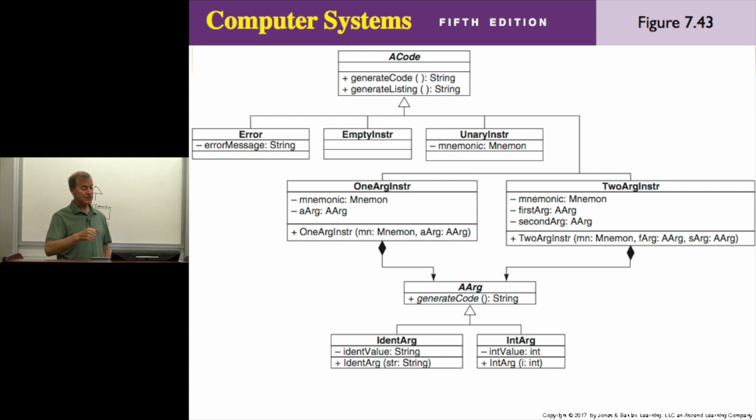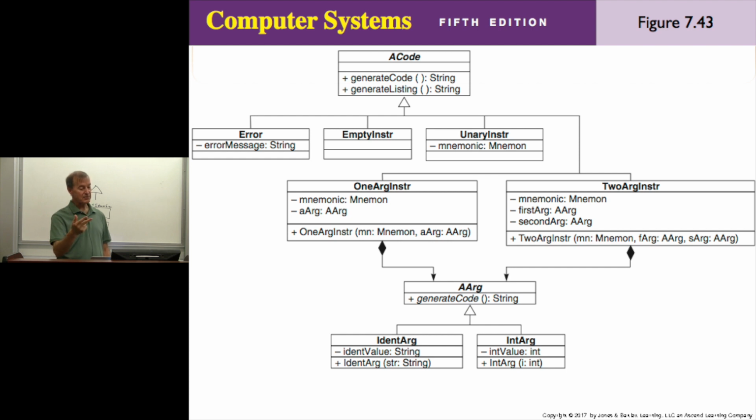Well, let's take a look at the figure. First, there's an error code. That's what happens if there's some kind of error that the user made in the input. Okay, then what's the next one? Empty. That's in case there's an empty line. Okay, is everybody clear? So that's another kind of code.